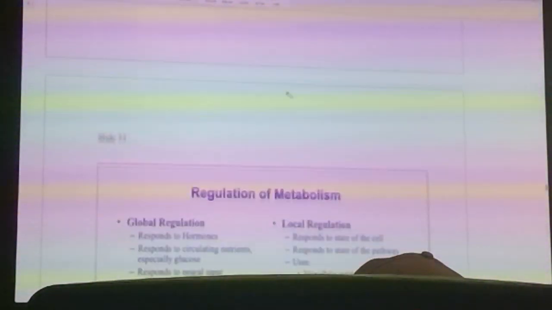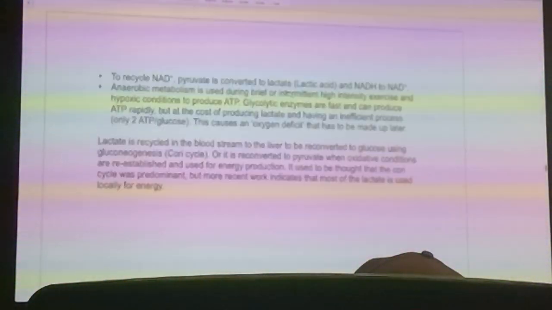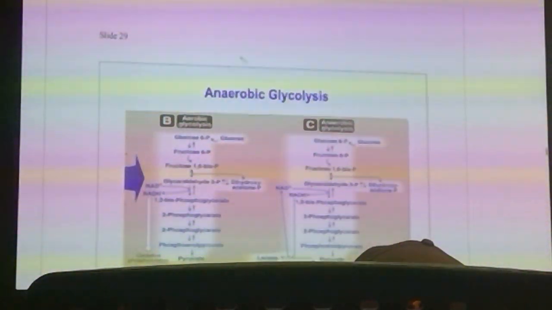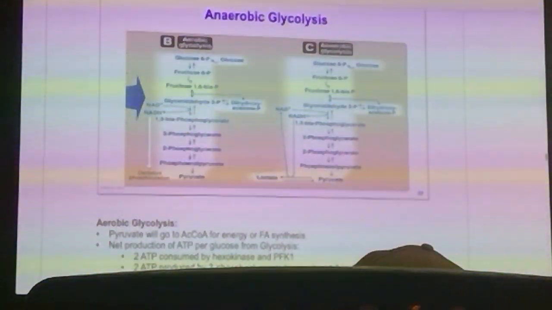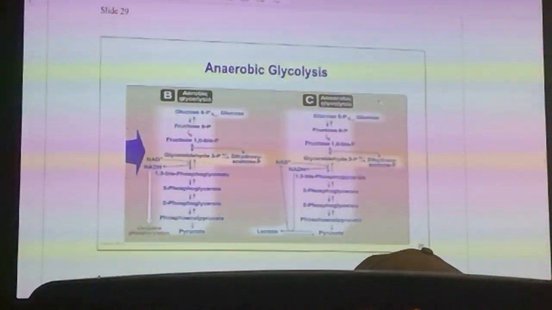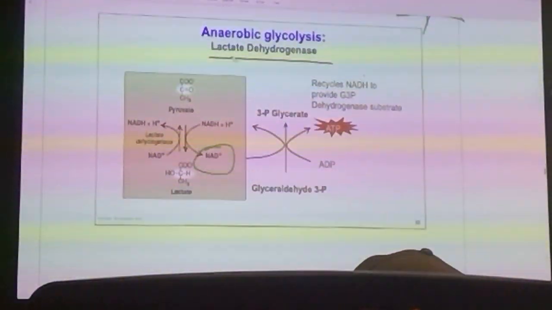What does it say? Anaerobic glycolysis. Okay. So when you have no oxygen, you go through anaerobic glycolysis. And the function of anaerobic glycolysis is to repower glycolysis. It does that through lactate dehydrogenase.